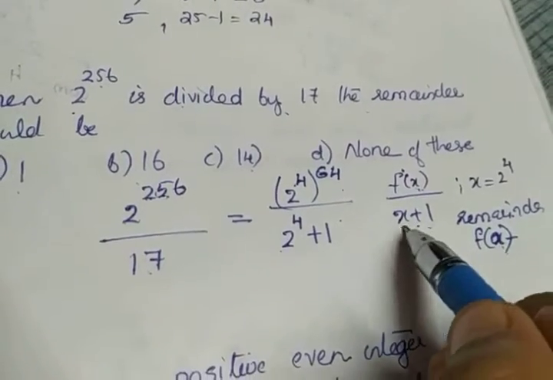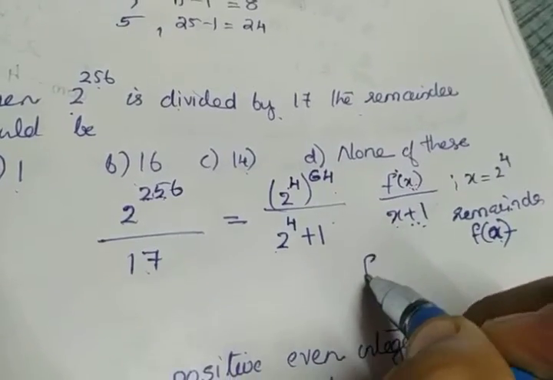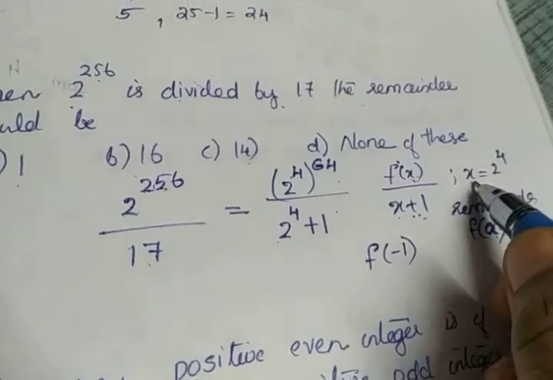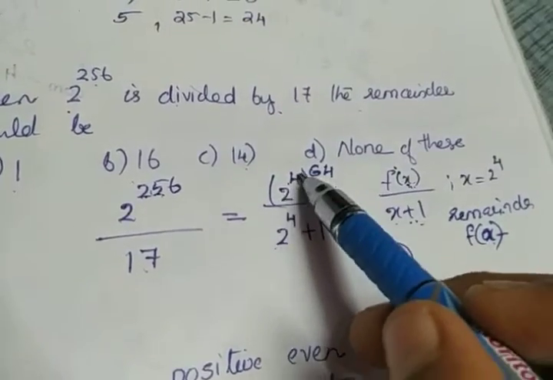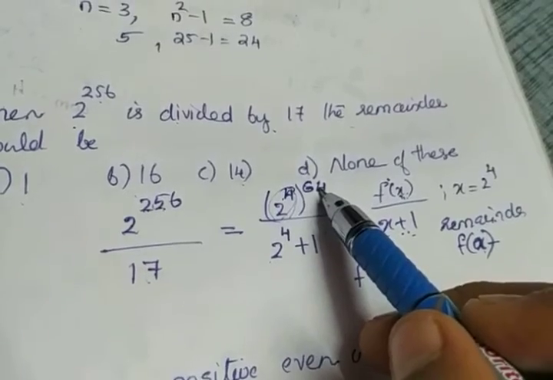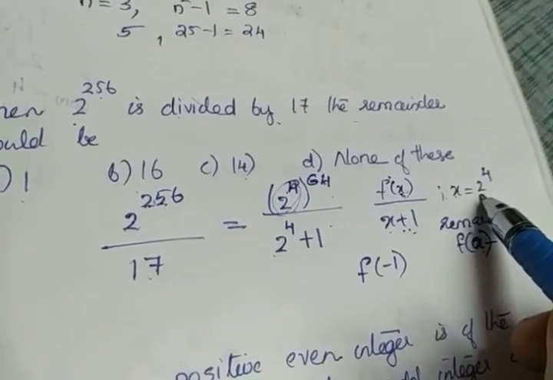So here, since f of x is divided by x plus 1, the remainder will be f of minus 1. What is f of x? f of x we took as this number raised to 64, and x we took as 2 raised to 4.